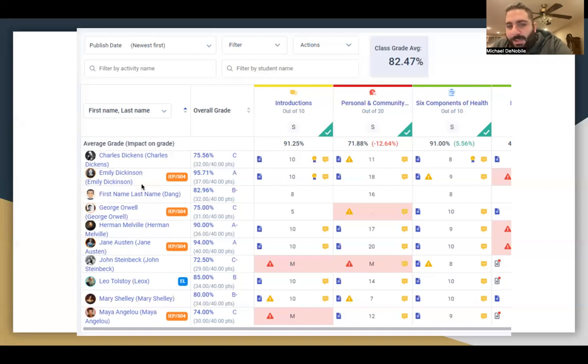That Emily Dickinson, though, look, she has 96% and she has an IEP. So I'm kind of curious what is going on here with Emily Dickinson, because she's doing everything that she needs to do. Meanwhile, George Orwell, clearly I need to look into his IEP to see what's going on here.